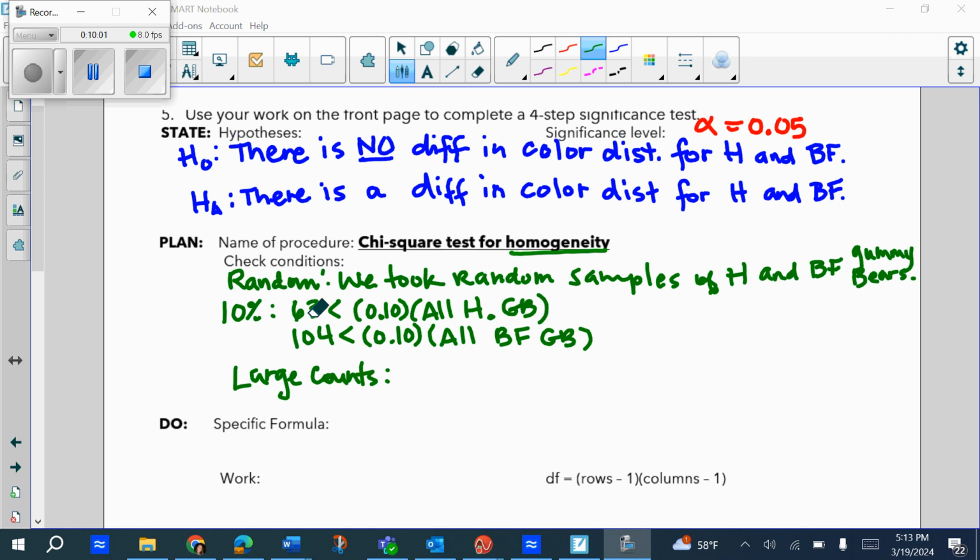Now this third one, large counts. So for large counts, what we need to check is that all expected counts are greater than or equal to 5.